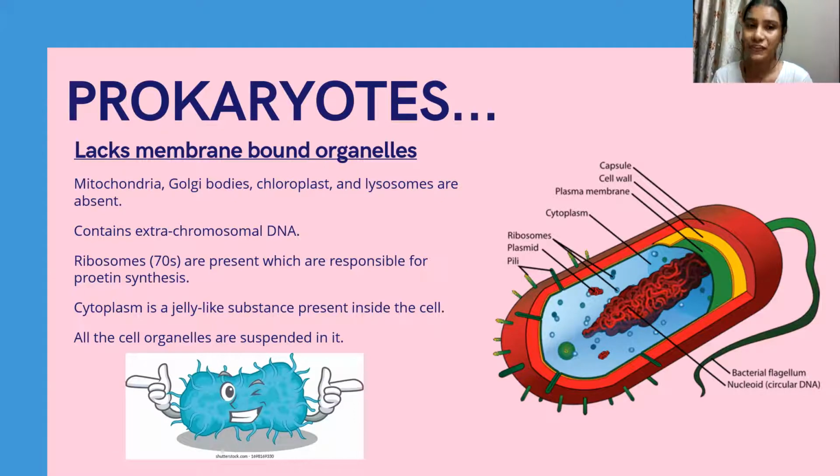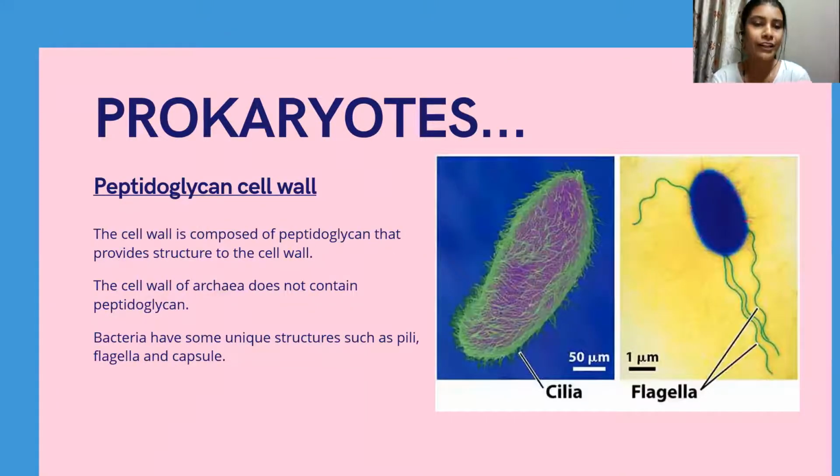Another major difference lies in the ribosomes. The ribosomes are 70S type. Then another major difference is the peptidoglycan cell wall. The cell wall composition of prokaryotes is peptidoglycan. But there's a slight difference: archaebacteria do not have peptidoglycan.